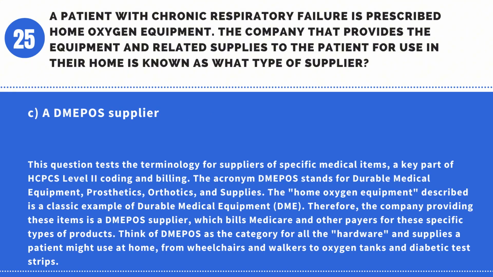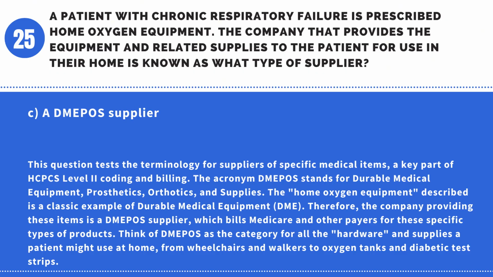Answer: C. A DMEPOS supplier. This question tests the terminology for suppliers of specific medical items, a key part of HCPCS Level 2 coding and billing. The acronym DMEPOS stands for Durable Medical Equipment, Prosthetics, Orthotics, and Supplies.